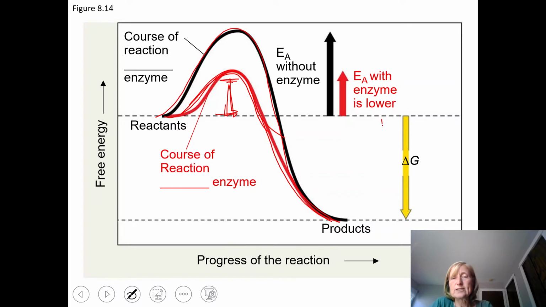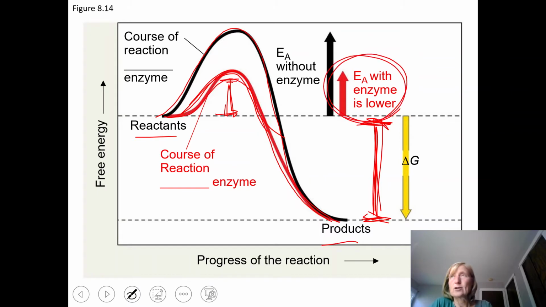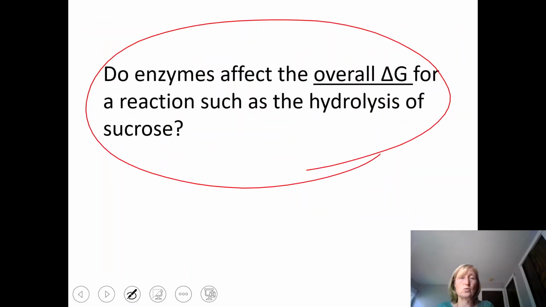No. Delta G is still the same. There's still a certain amount of energy released as this reaction happens. That's delta G from the reactants to the products. The only thing that changes is E sub A. Delta G doesn't change at all. So we're going to say no.